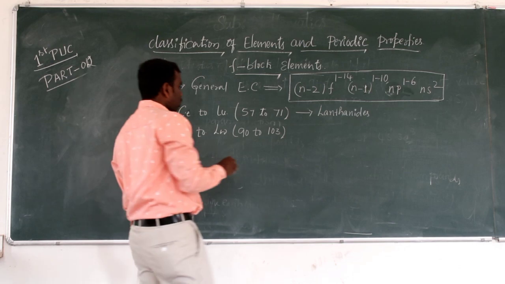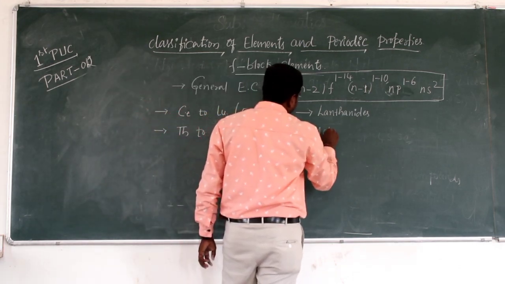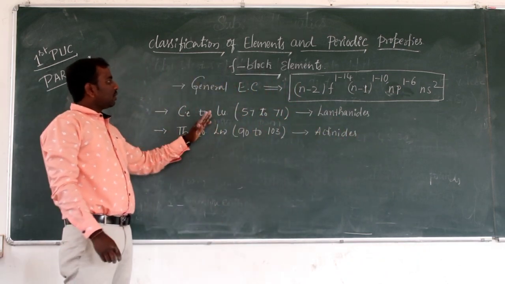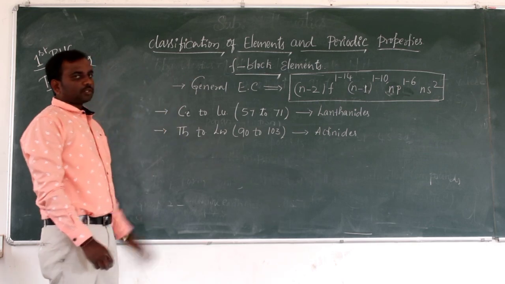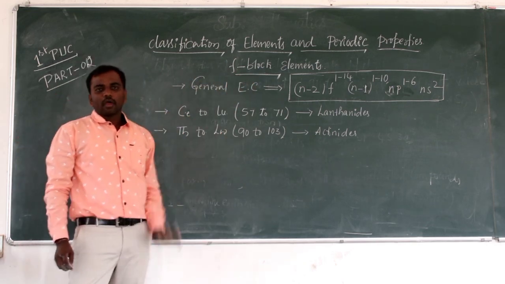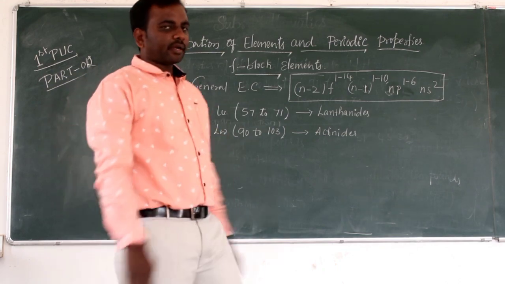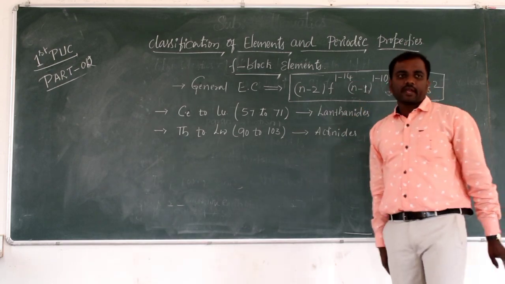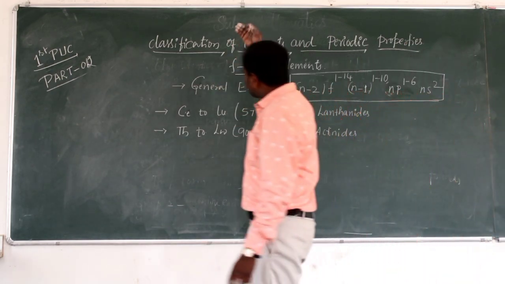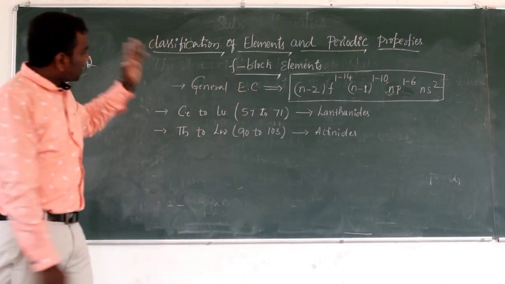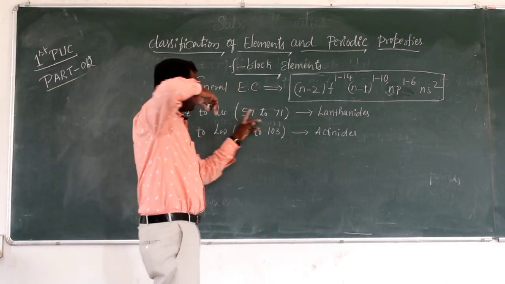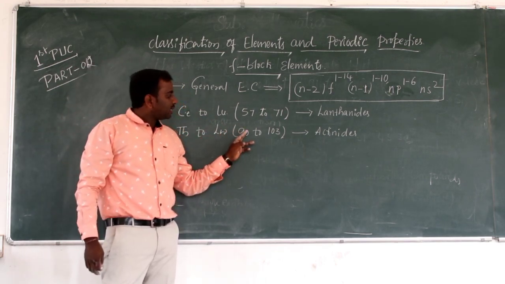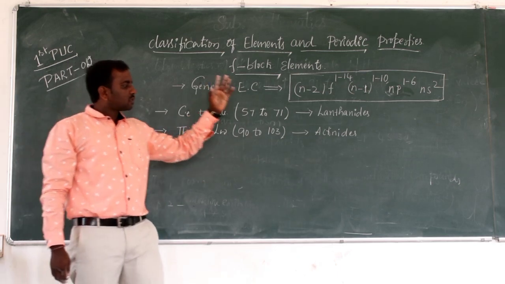These are called actinides. These are very important points about F block elements.